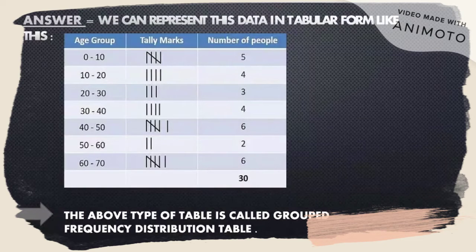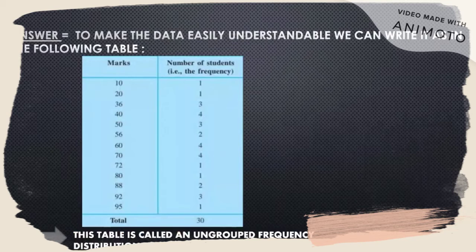Right. So let me just brief about it because we have some audio challenge. Here you can see in this table marks are there, and in front of that, the number of students, the frequency. Number 10 occurred one time, number 20 occurred one time, number 36 occurred 3 times.